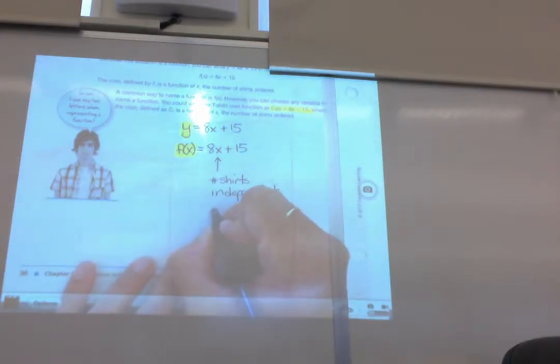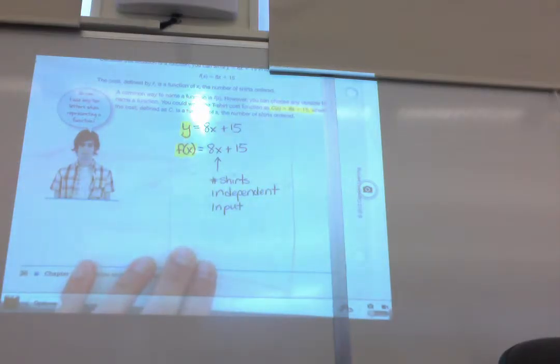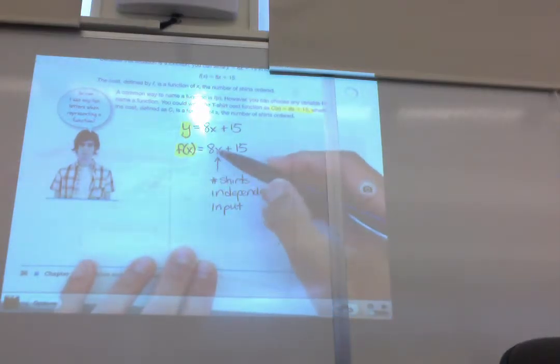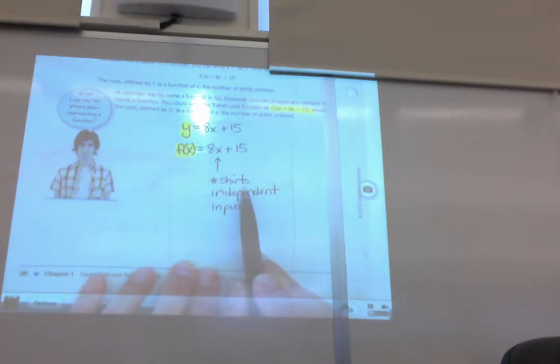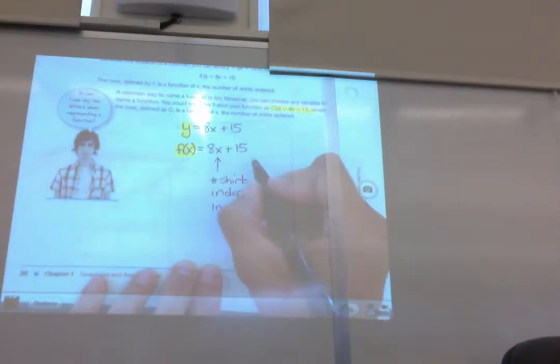We heard that yesterday. This is the input. So three different ways of talking about that x and relating it to the real life situation. In this situation, it's a number of shirts. Now the number of shirts determines or is part of what determines the cost. There's also this 15.